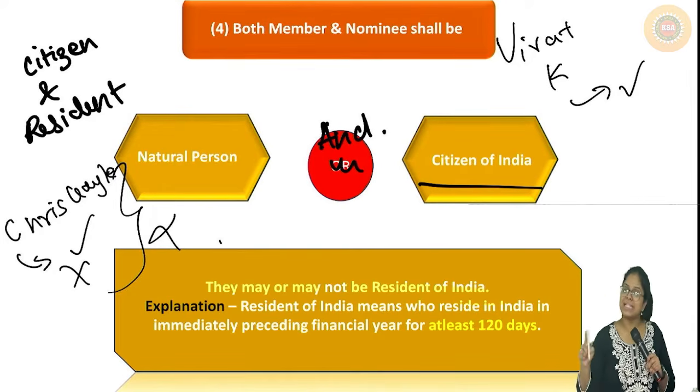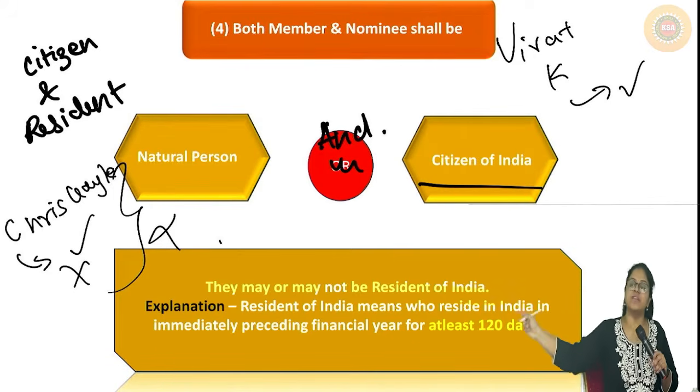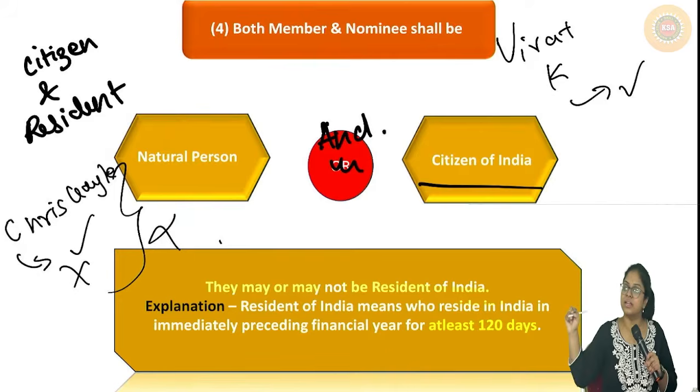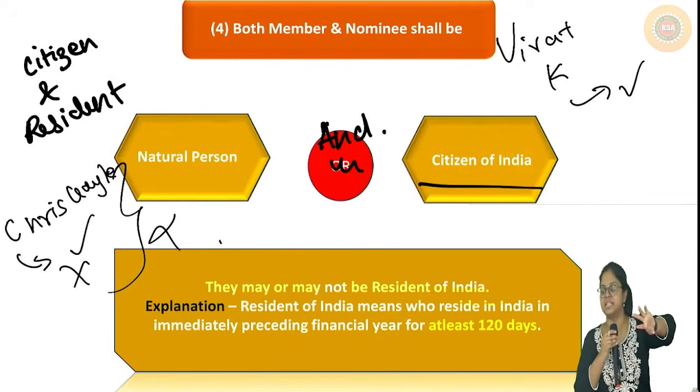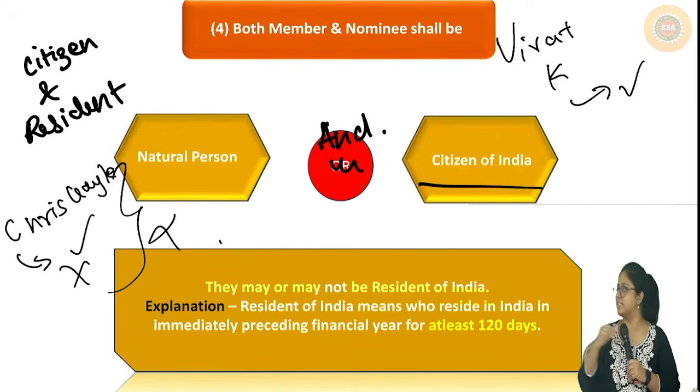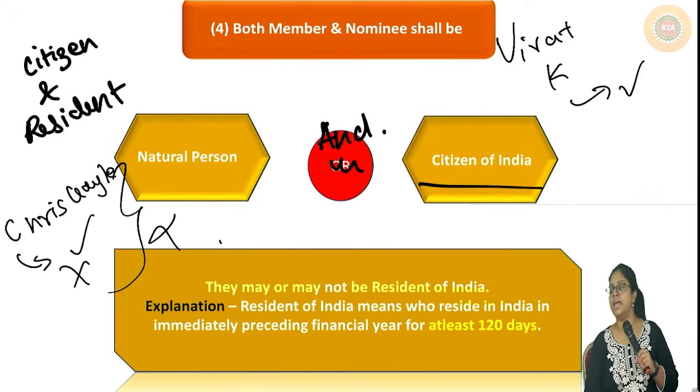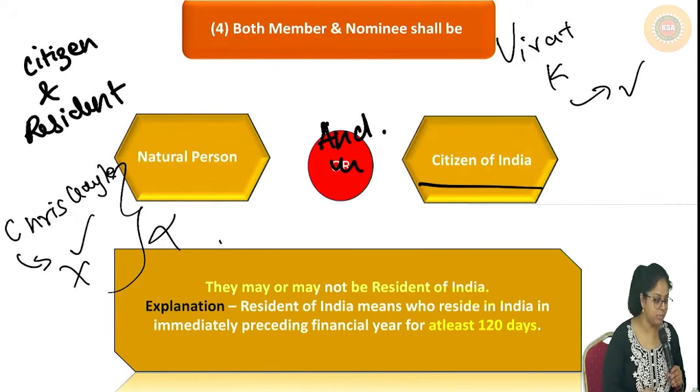Obviously yes. But let's say last year for completely 365 days he only stayed in London. He did not even come to India. Can I still make him my nominee? Yes. Are you able to understand the difference? He should be a natural person and a citizen of India. Residentship condition is not required. He may or may not be a resident. Are you able to understand this, guys?